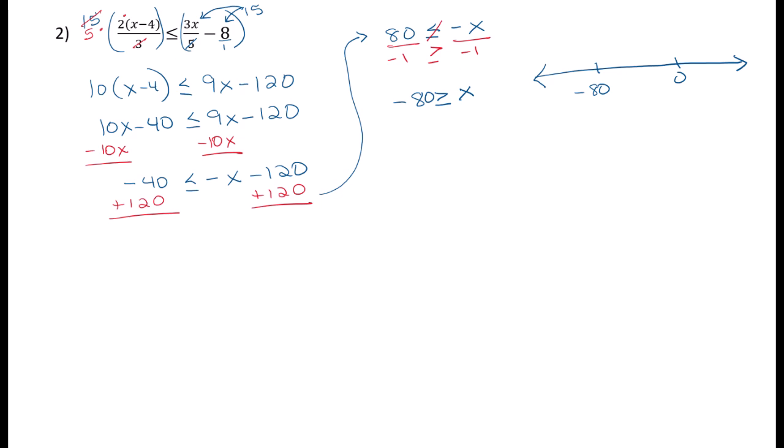So we know negative 80 is going to be included, but looking at this notation here, the open side is by the x, so negative 80 is the larger number and x is the smaller number. So where are all the numbers that are smaller than negative 80? All of those are to the left towards negative infinity. So our result here would be leftmost would be towards negative infinity, and the rightmost point would be negative 80, and it's included.